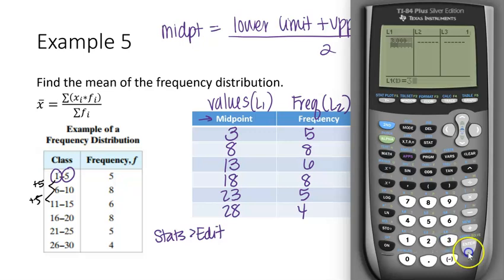So 3, 8, 13, 18, 23, 28, those midpoints. Next up, our frequencies: 5, 8, 6, 8, 5, 4. My lists are the same length.